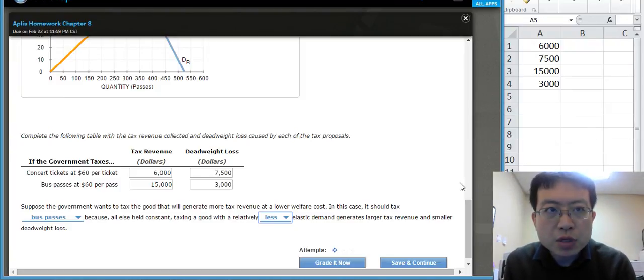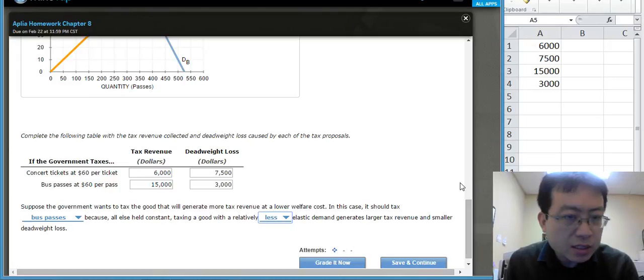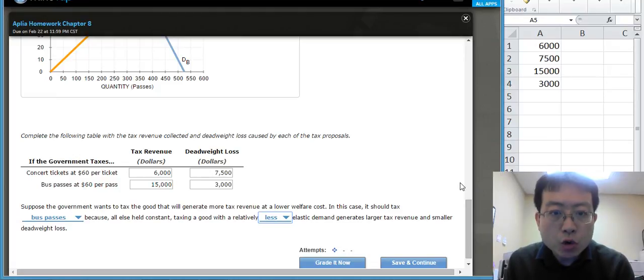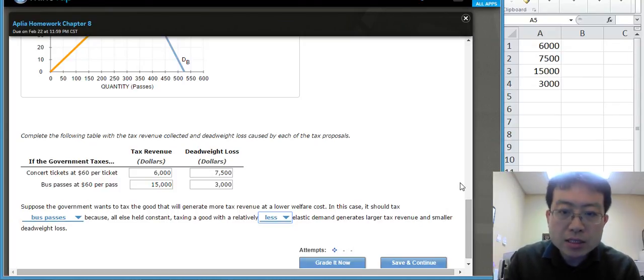Inelastic means the consumer is unresponsive to price change. So if they don't care about price change, you give them a tax, they pay a higher price, and they don't change their behavior at all. The deadweight loss only comes from behavior change. So with low elasticity, with almost no behavior change, you have little deadweight loss. Therefore, the smaller the elasticity, the lower the deadweight loss.